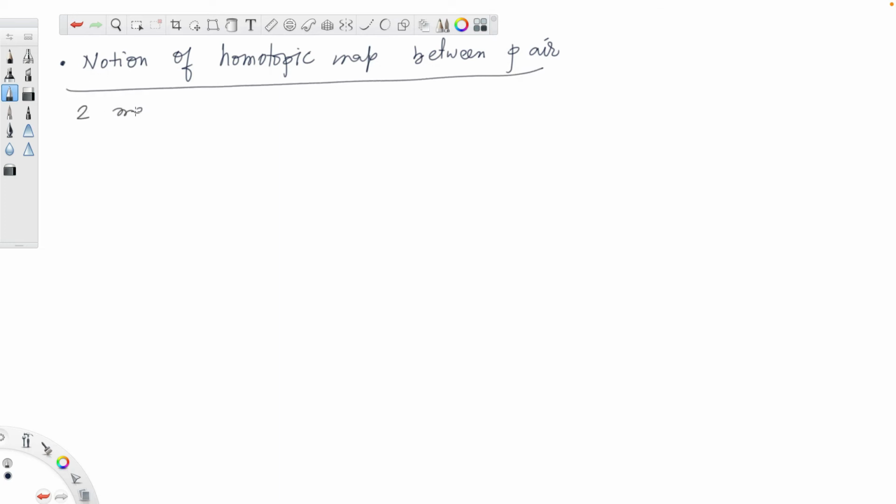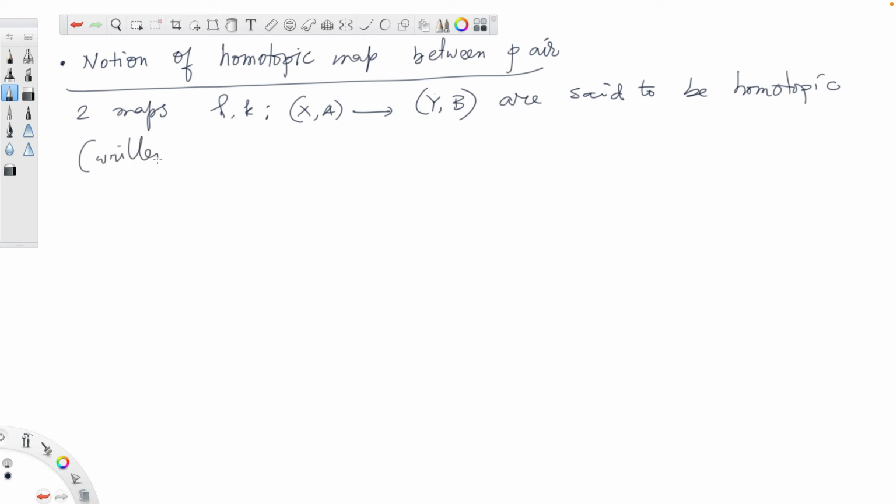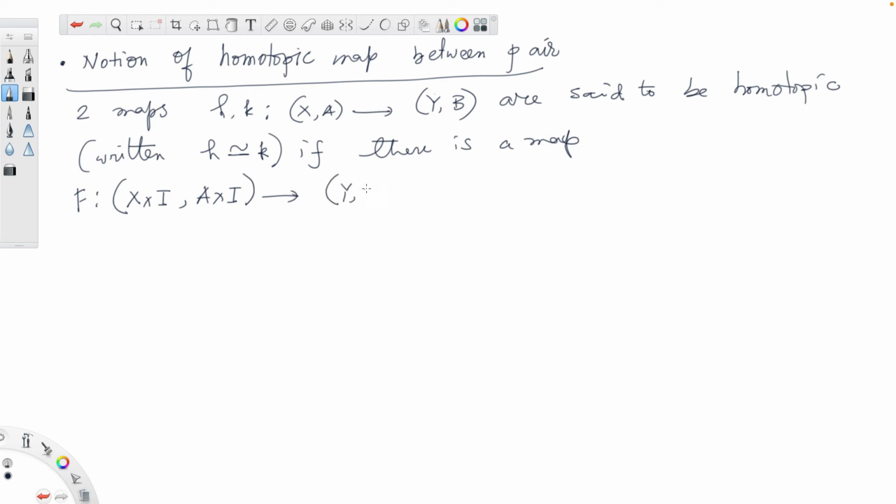So two maps H and K between the pairs X comma A and Y comma B are said to be homotopic, which we write as H is homotopic to K if there is a map big F from the pair X cross I comma A cross I to the pair Y comma B.